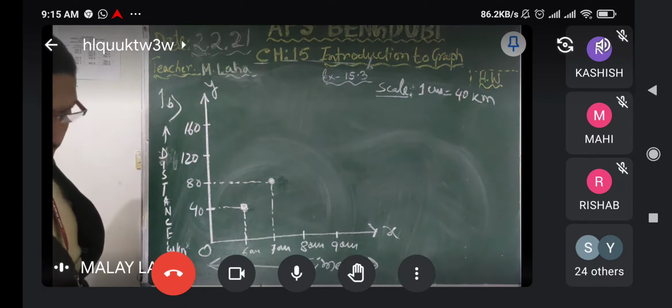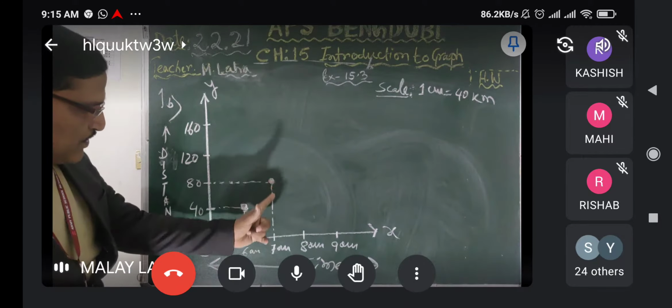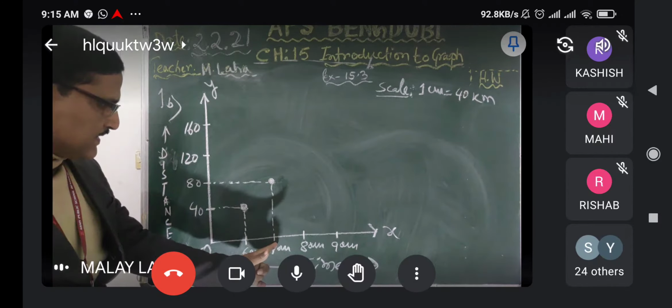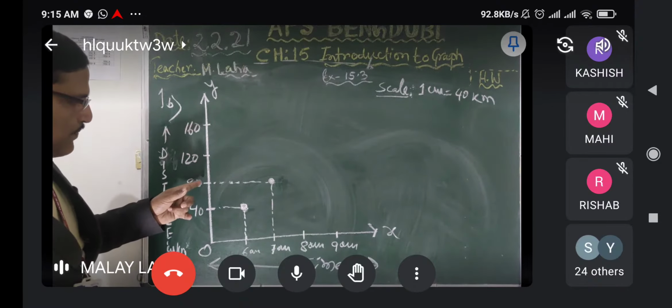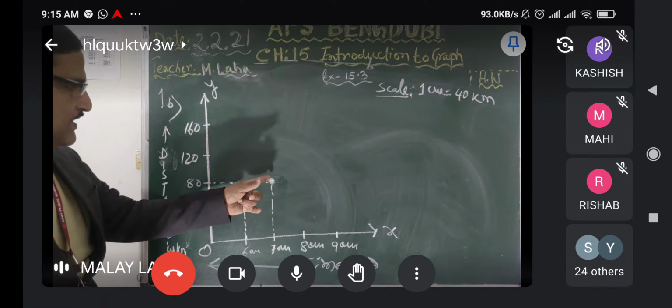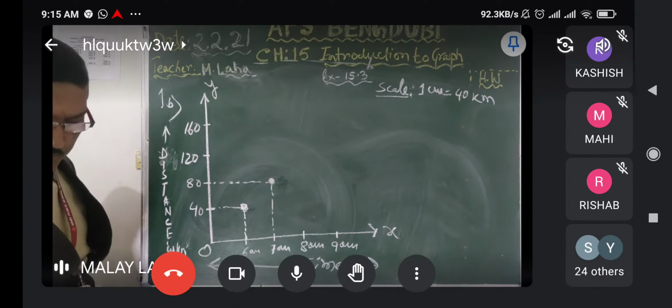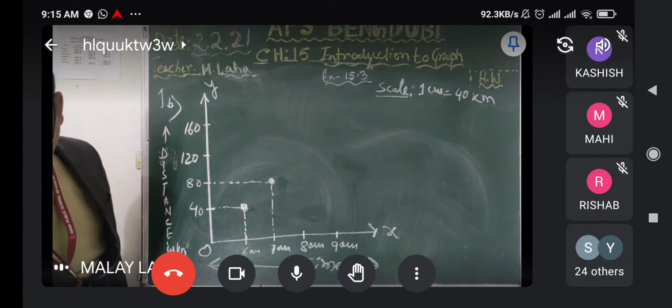This is the point of perpendicular line from the 7 a.m. and also perpendicular line on the horizontal line. So they are meeting here. This is the point of location 7 and 80.